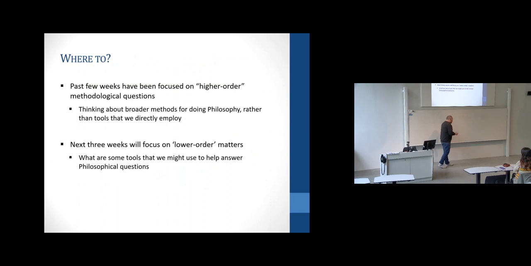But what we're going to do now is, again, a tone shift. For the next three weeks, the remainder of this block, we're going to talk about what I call lower order methods. That is, specific tools that we can use to address particular philosophical questions and answers. So what tools can we use as philosophers, analytic philosophers in this half anyway, to answer philosophical questions?